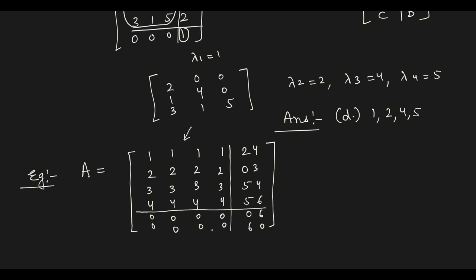This is not better. So this part is rank 1. So the eigenvalues will be the trace: 1 plus 2 is 3, plus 3 is 6, plus 4 is 10, and the rest will be 0, 0. And what will be the eigenvalues for this matrix?